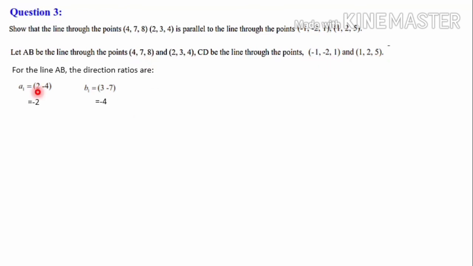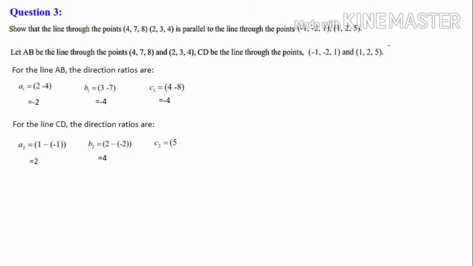Next C1 we take z2 minus z1, that is 4 minus 8, which is minus 4. Next for the line CD, the direction ratios: A2 is 1 minus minus 1, which is 2. B2 is 2 minus minus 2, which is 4. Then C2 is 5 minus 1, which is 4.